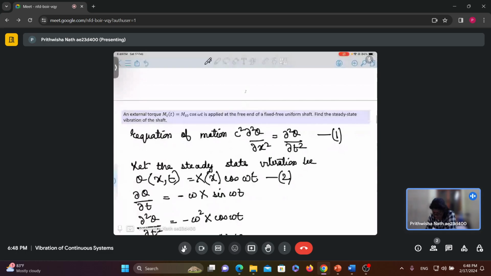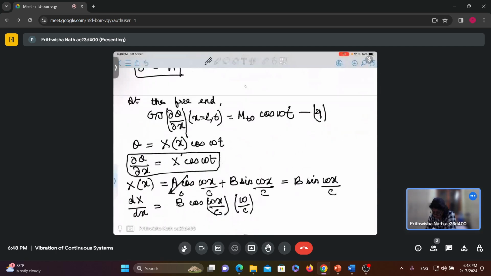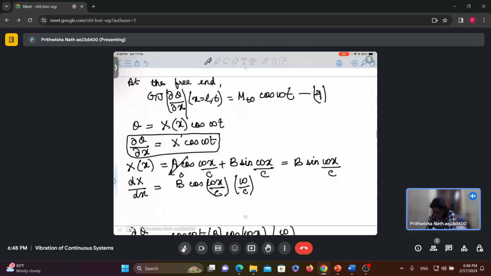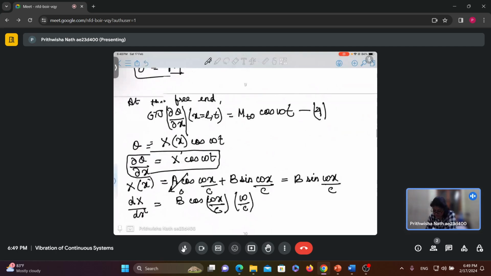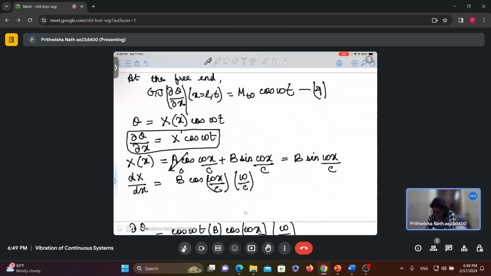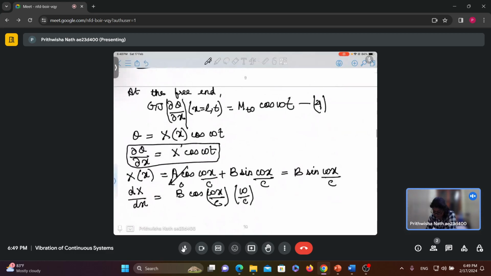Since I assumed theta to be X cos omega t, I again differentiate this. Now I know the equation for X, which we got in equation number 3: X was A cos(omega x by c) plus B sin(omega x by c). Now A is 0, so X is B sin(omega x by c).